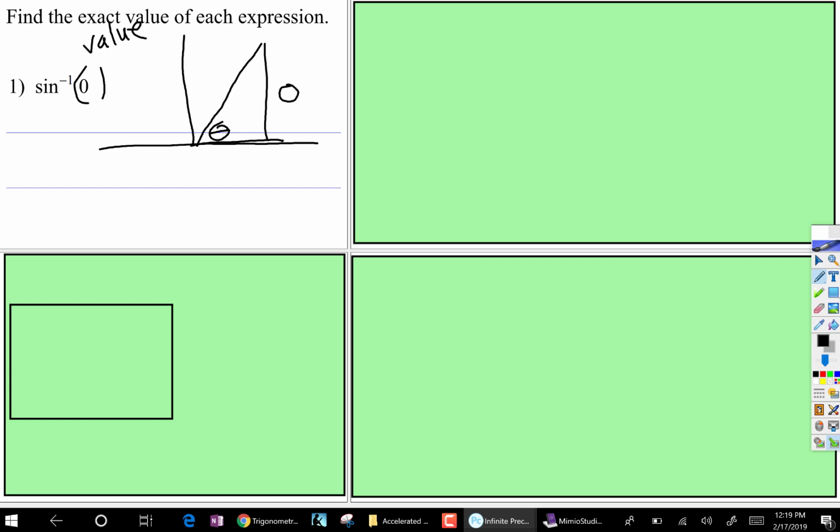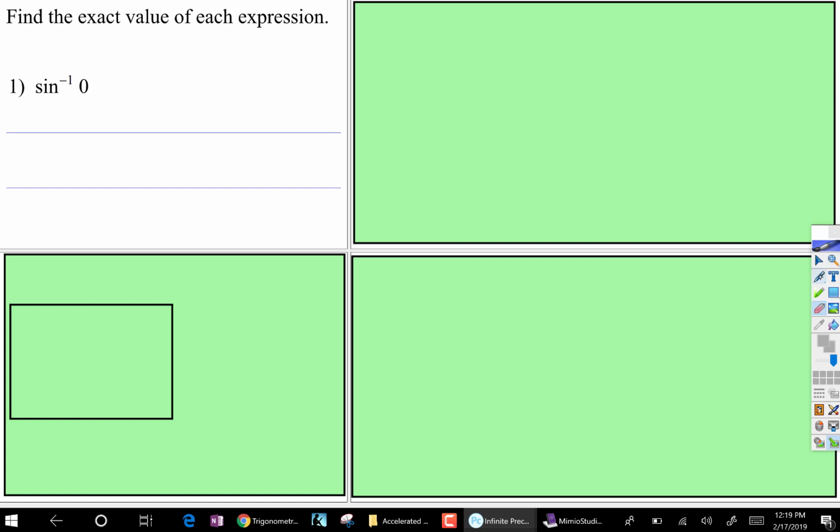Well, in order for that to be true, that would have to have a 0 height. A 0 height is going to be at 0 degrees, or here at pi, or 180 degrees. That's when sine has a height of 0.